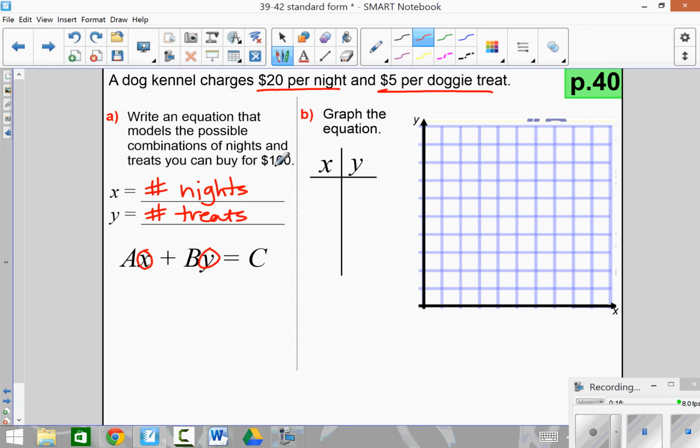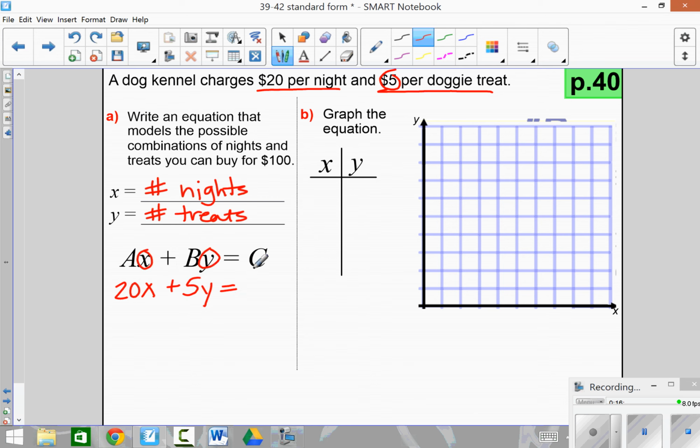Well, if x is the number of nights, I know in my standard form I have a times x. I know that it's $20 per night, so I'm going to do 20 times x. Plus, if my y here is the number of treats, and I know it's $5 per treat, I'm going to do $5 times the number of treats.